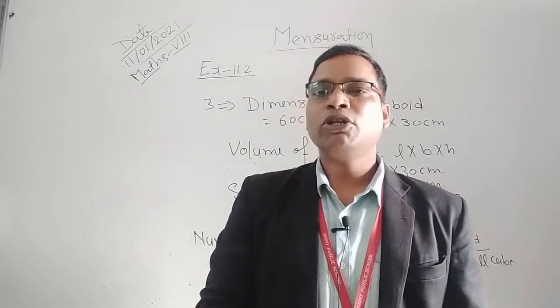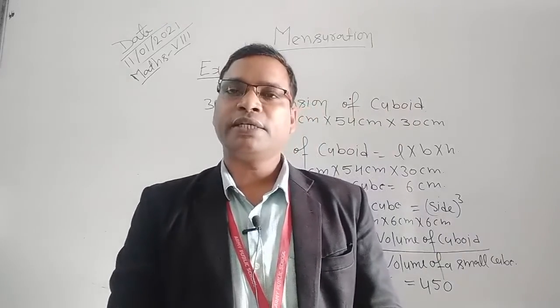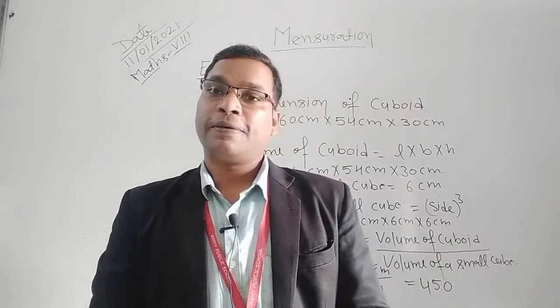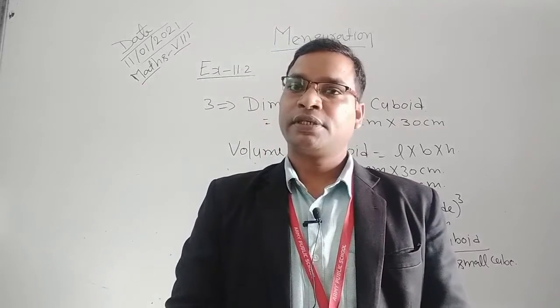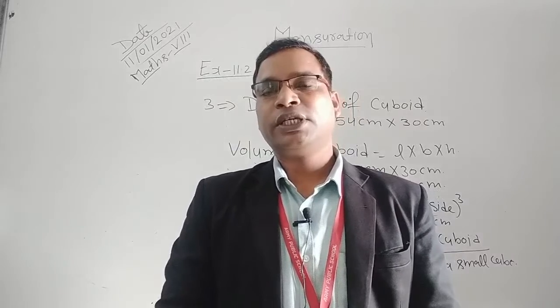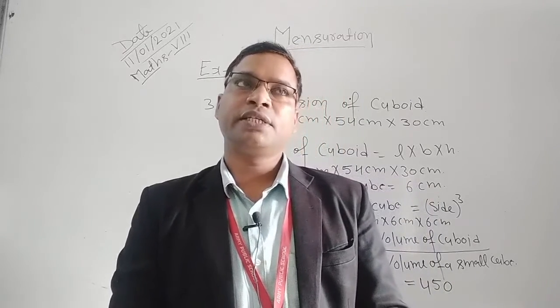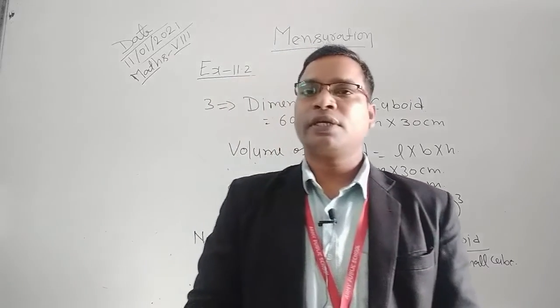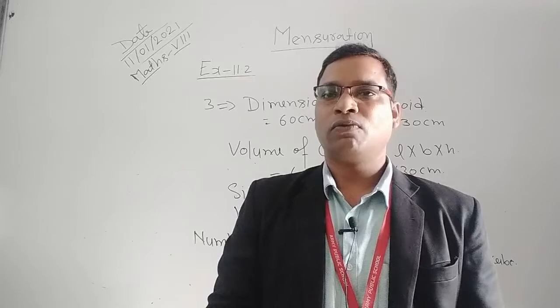Clear? And the value of pi you know very well, 22/7. Sometimes you write it 3.14. This depends upon the radius. If the radius is a multiple of 7, then you write the value of pi as 22/7, and if the radius is not a multiple of 7, then we write the value of pi as 3.14.